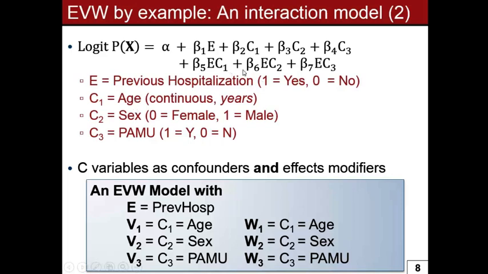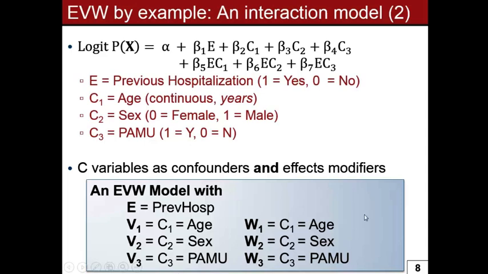You got a different odds ratio for the exposure when you were 35 versus when you were 60. And so anytime you have these other extraneous variables multiplying the exposure variables, they're going to kind of wind up acting in an effect modification role in the model. And so here we have the same three variables, C1, C2, C3, but they appear twice. Okay, they appear twice, one as confounding control and one as effect modifiers.